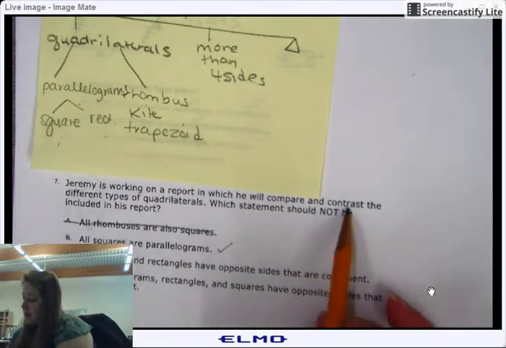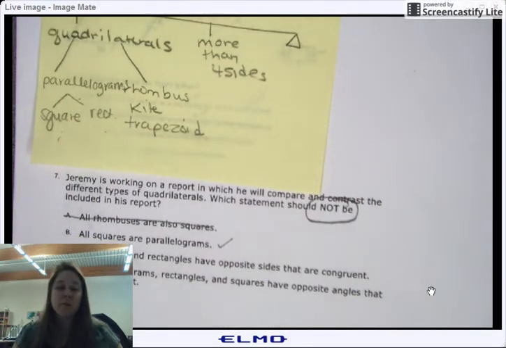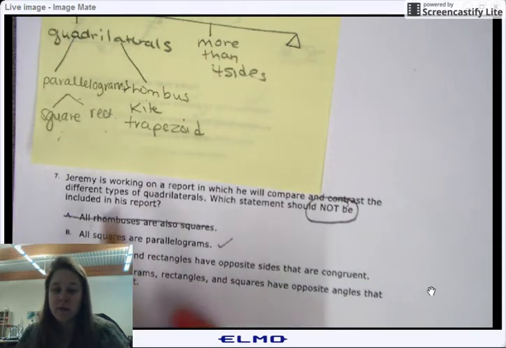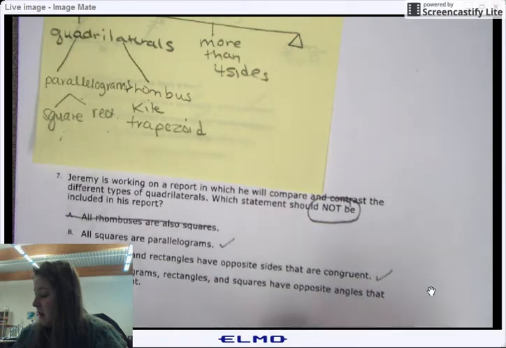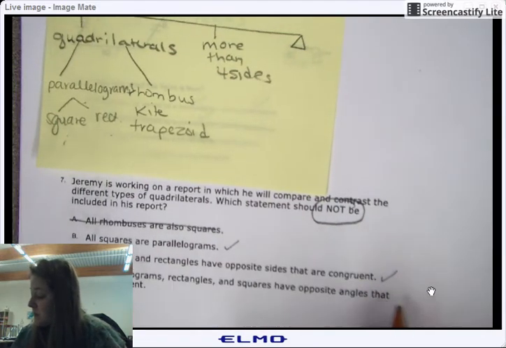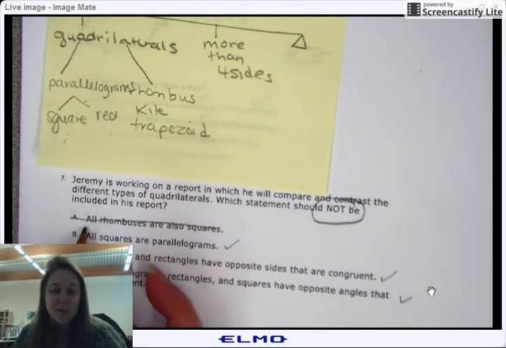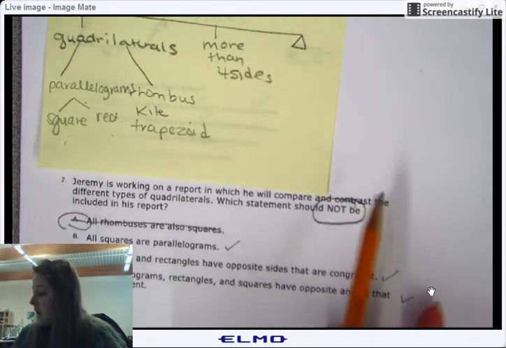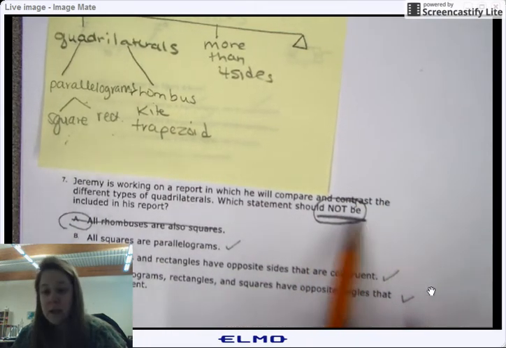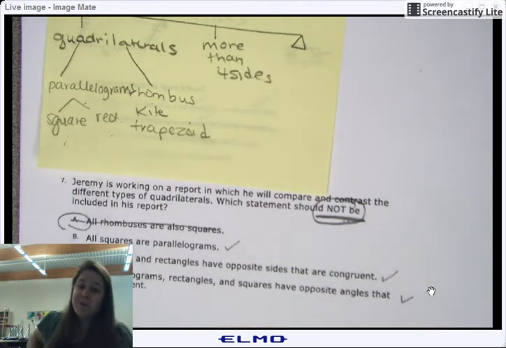It says should not be in his report. Well, we already said squares and rectangles have opposite sides that are congruent, which means equal. And this is true too, because parallelograms are the same thing. So because we cross this one out, in fact, the answer is actually this one because it's not. The key word here is not. So Miss Hine made a boo-boo too.